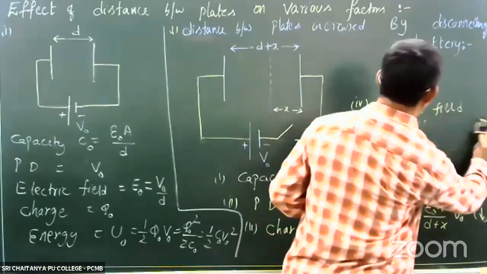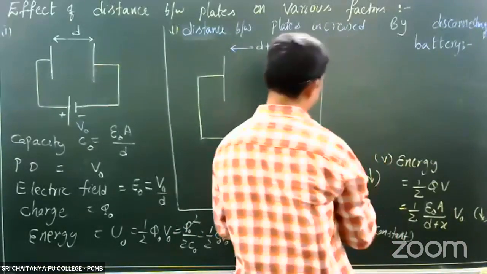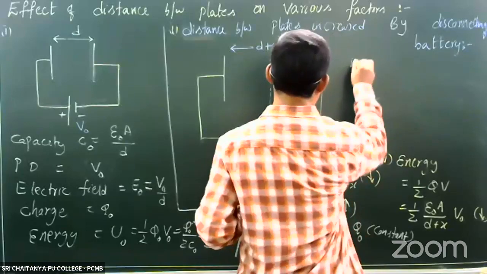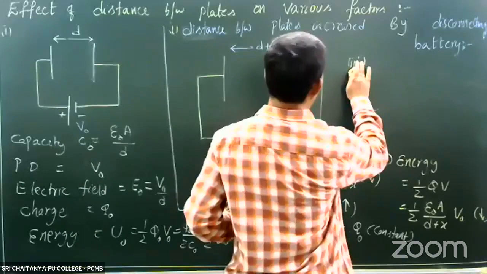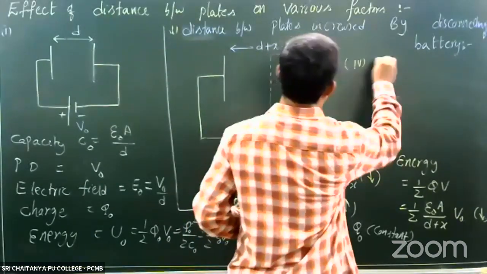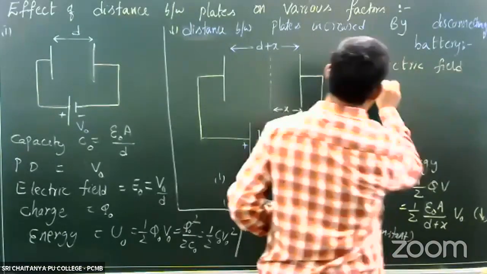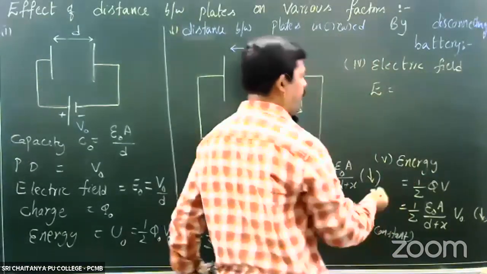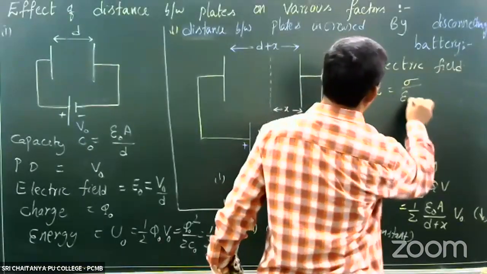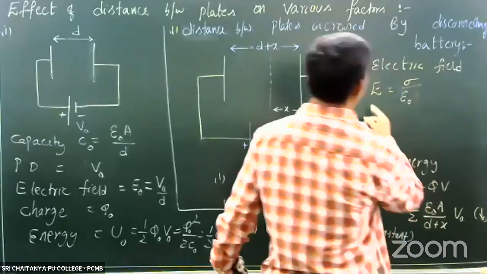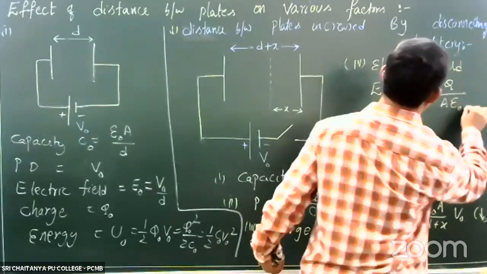Come to electric field. E equals sigma by epsilon naught, which is Q by A epsilon naught, can I write?